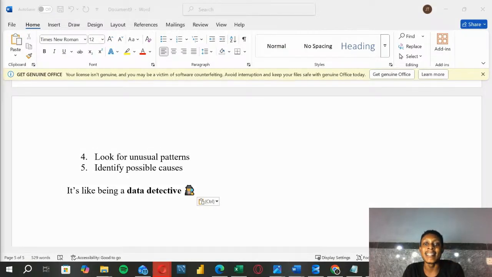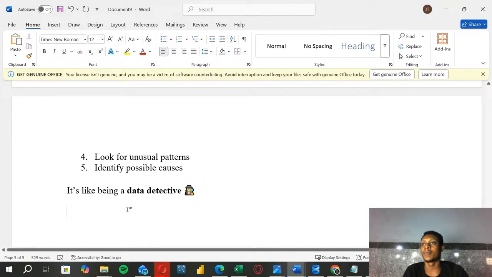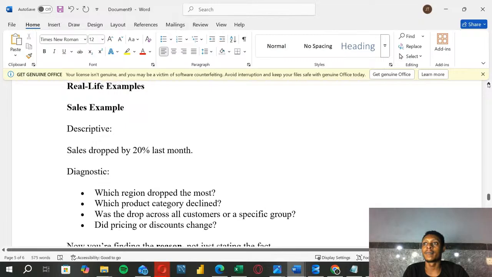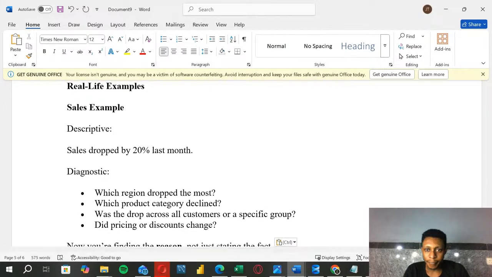Let's look at a real life example. Sales example. Descriptive: sales dropped by 20% last month. This is the diagnostic analysis part.